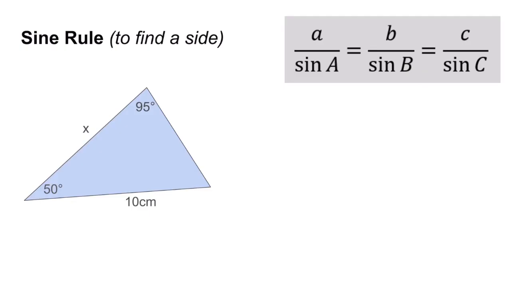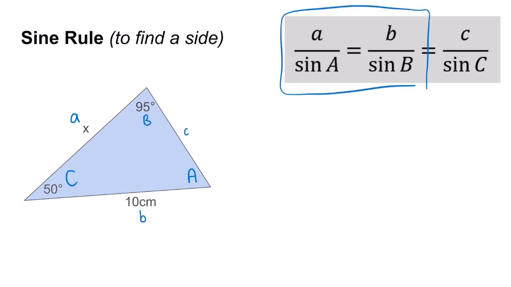Now I've got another example where I'm going to use the sine rule again to find this missing side x. I'm going to give that little a, and across from that, opposite, is the angle there, capital A. And then little b for the other side that I know, and across from that is capital B. And then this would be little c, and this would be capital C. Now in my rule, I'm going to use just those two pieces again, but I need to know what capital A is.